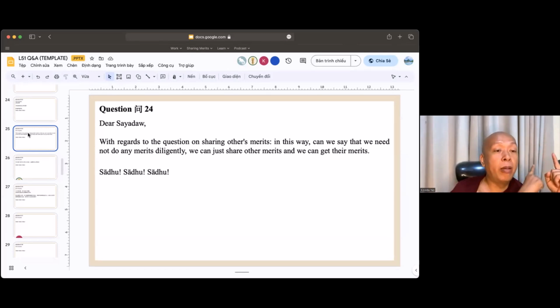It's not dana, just rejoicing. Similarly, sila. He may rejoice in other people's sila. The one who observes precepts may have sila parami, sila kusala, and another one is sharing kusala, two. The one who rejoices can get only one, only rejoicing. Okay? So that means we have to balance everything. Don't be extreme. Okay?